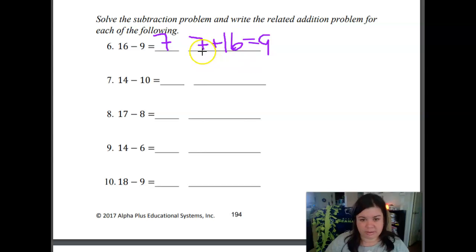Well, that's not true, is it? If we're doing 16, the number shouldn't get smaller, it should get bigger, right? So we can't start with the answer when we're going backwards, when they're wanting us to go from subtraction to addition. Okay? So let's erase that.